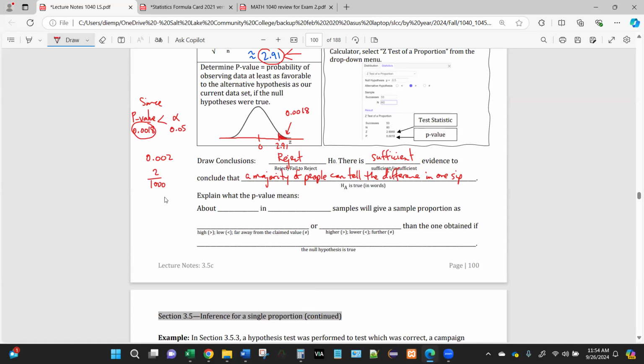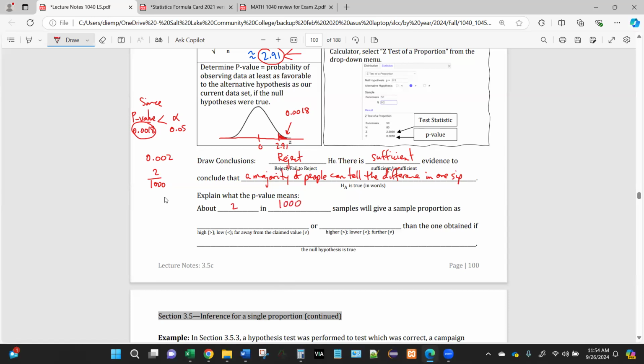One of the interpretations of the p-value is, if you did this study many times, maybe 1,000 times, and this sort of case testing is probably repeated quite a bit, so let's say somebody did this experiment 1,000 times.